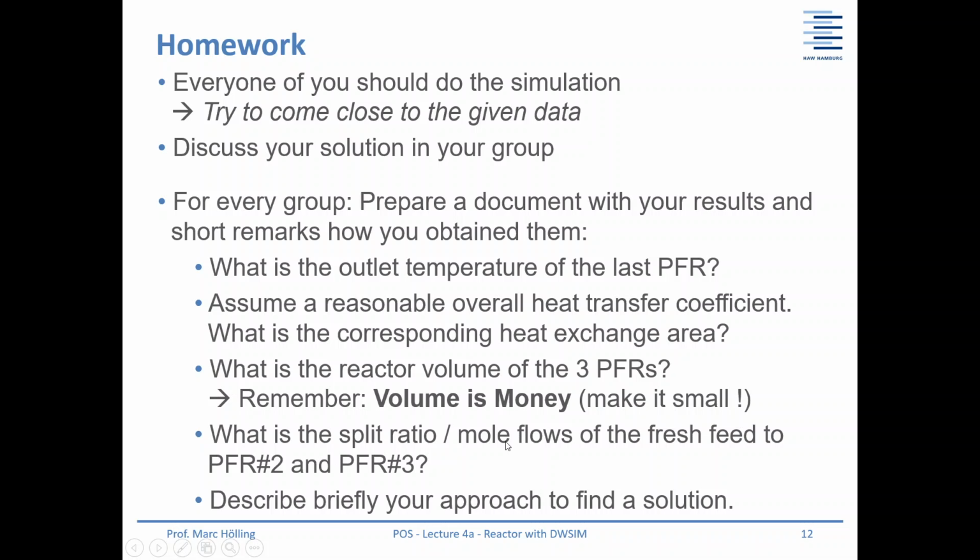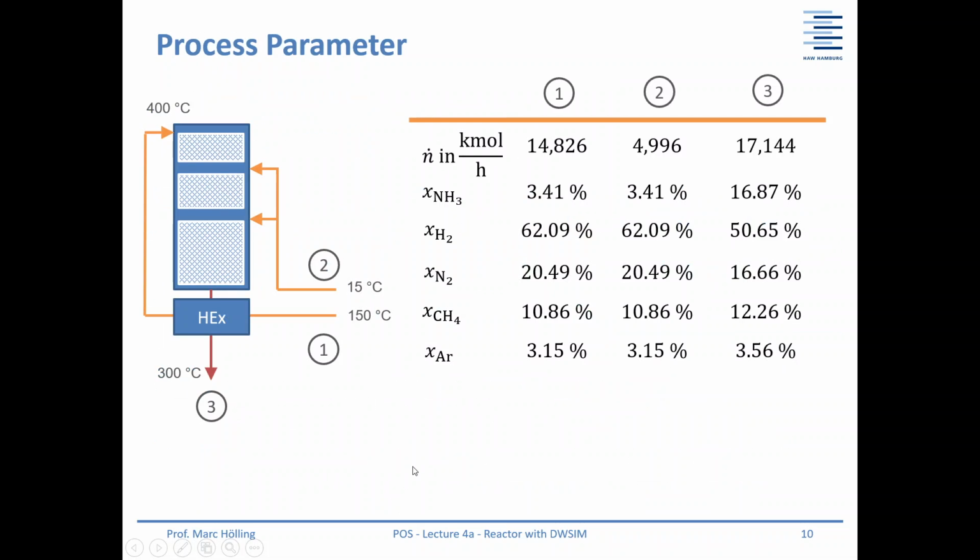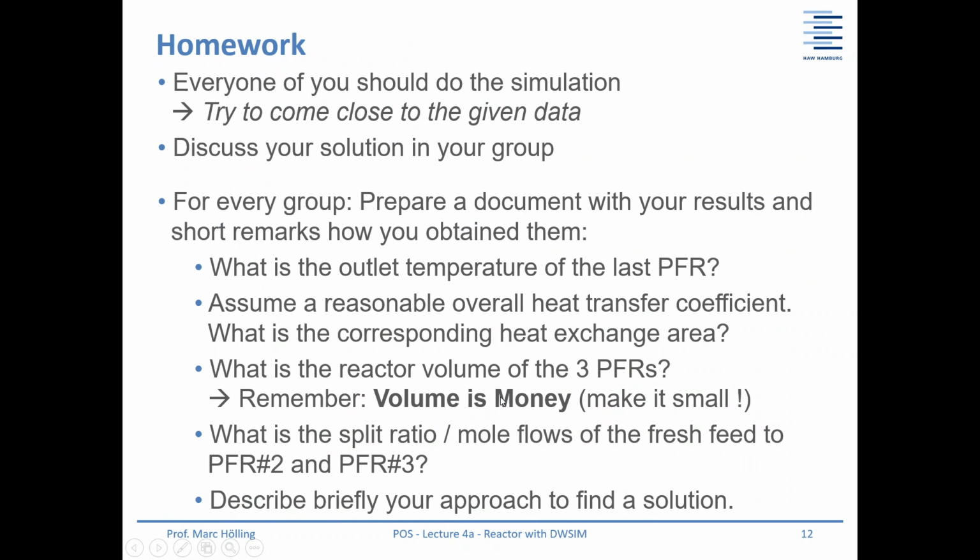What is the split ratio or the mole flows of fresh feed to plug flow 3 and plug flow 2? I want to know these 5,000 kilomoles per hour, how are they distributed? Is it like 1,000 here, 4,000 there, or vice versa, or whatsoever? And describe briefly your approach to find a solution.